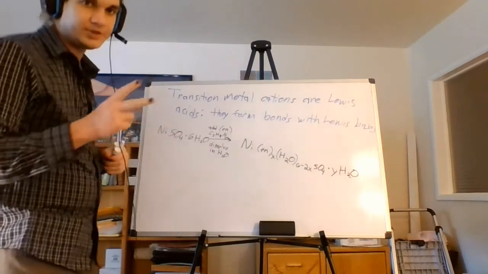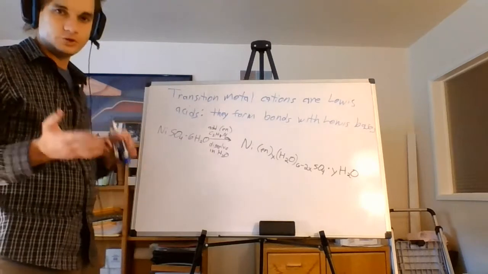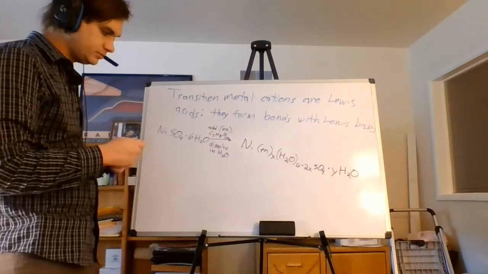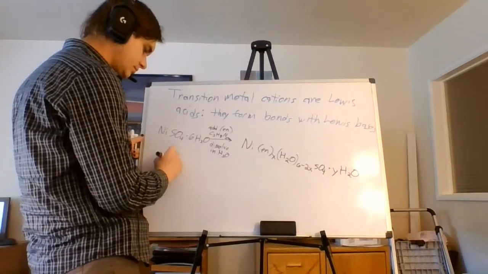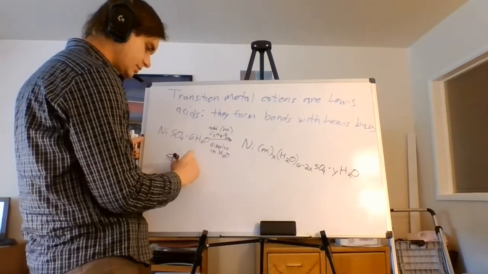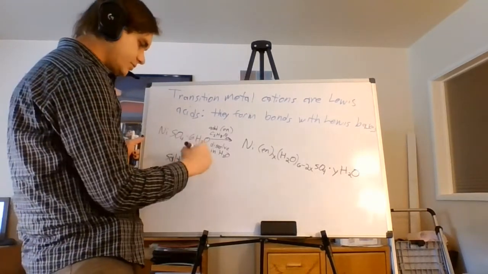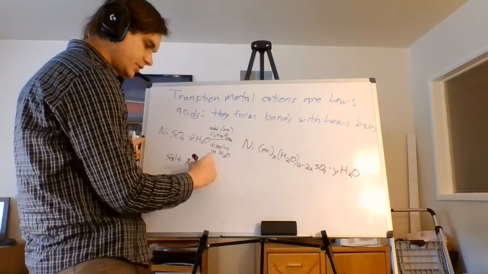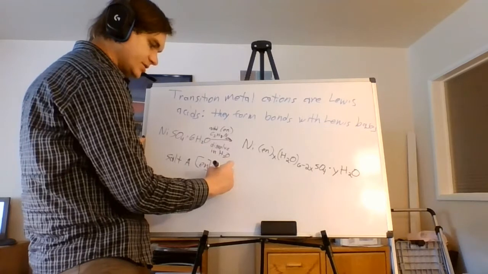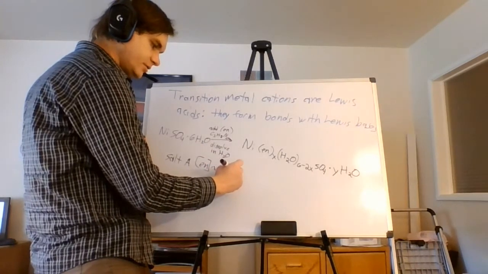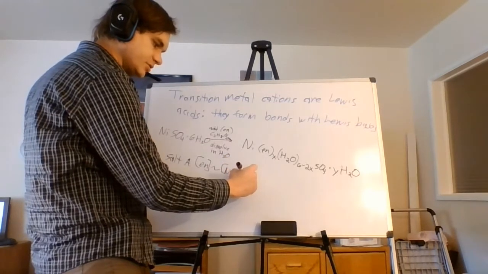Now, there are 2 main places in which the synthesis differs between our 2 methods. The salt made using method A is going to have a concentration of En that's roughly the same as the concentration of nickel during the reaction.